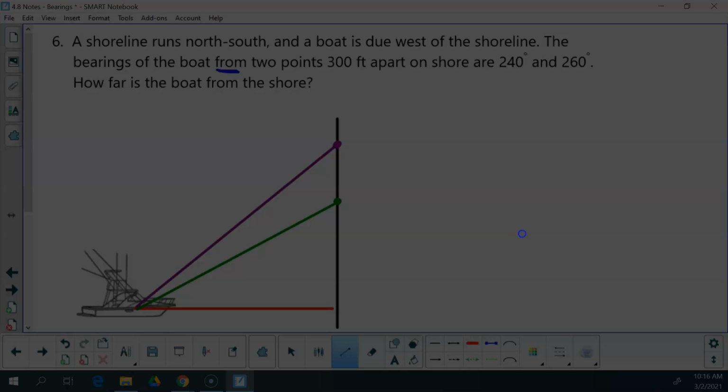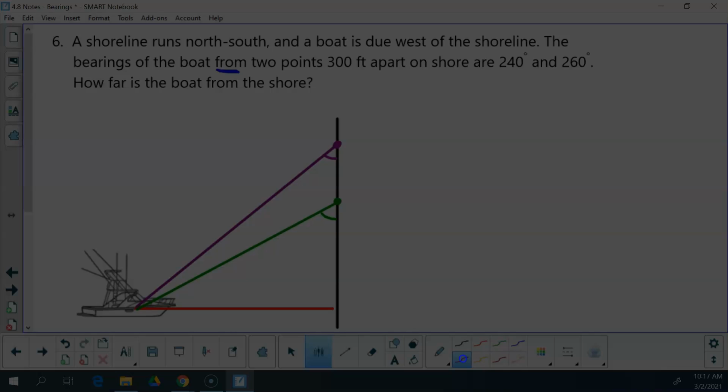Which one is 240 and which one is 260. Which angle, purple or green, has a bigger bearing? Green has a bigger bearing? Okay. Because this angle in here appears to be bigger than this angle there. I would agree with that.